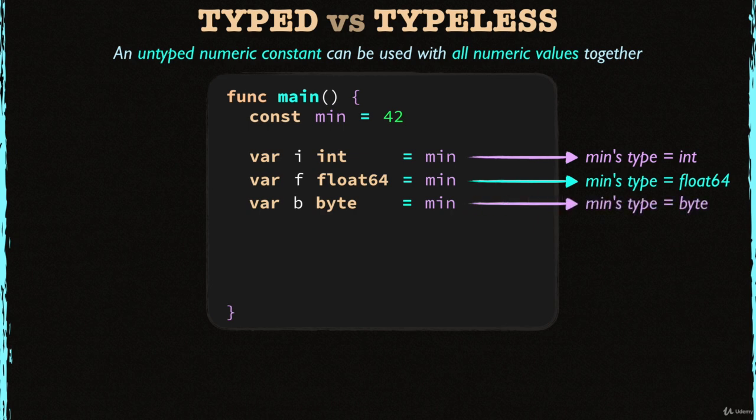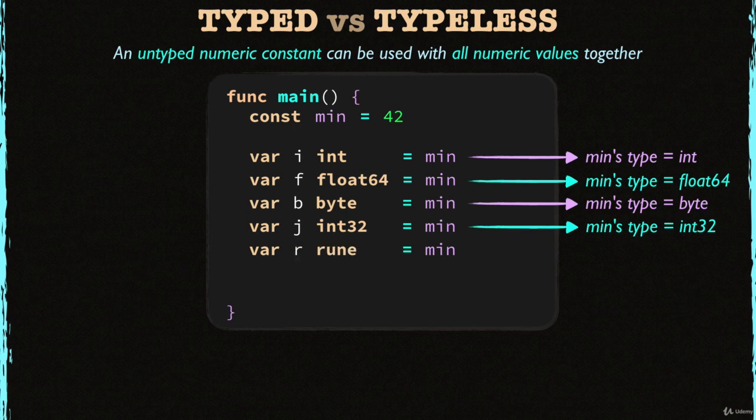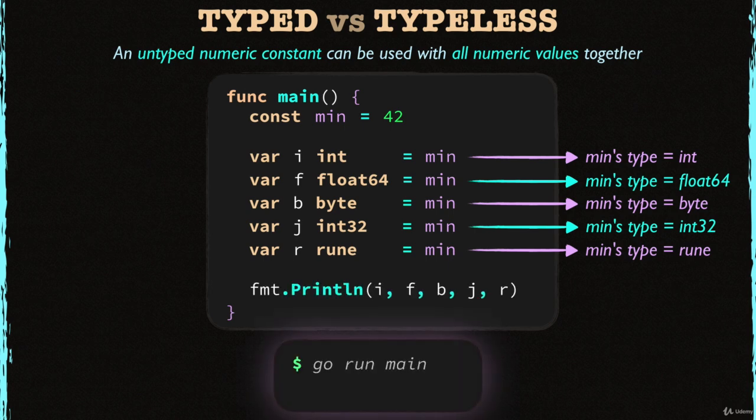And then it becomes a byte value. Okay, let's assign it to an int32 variable. Here it becomes an int32 value this time. And lastly, let's assign it to a rune variable. And it becomes a rune value. Alright, now let's print it, then let's run it. As you can see, it works perfectly. Since it changes its type automatically, it can be assigned to any numeric variable.